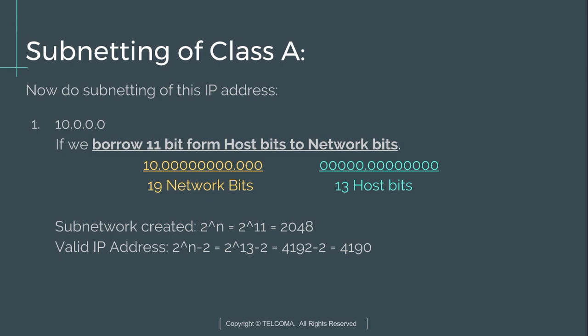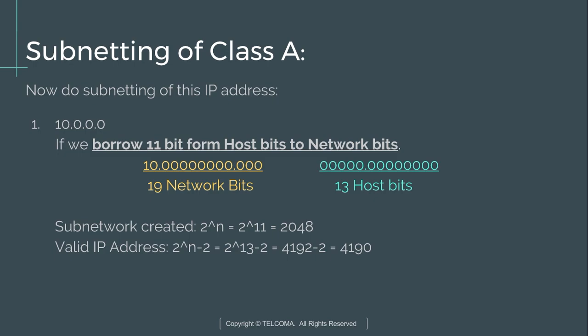Now how do we do the subnetting of class A? Here we will borrow 11 bits from the host bits to the network bits. So we are left with 19 network bits and 13 host bits. How many subnets are created here? 2 raised to power n, where n is the number of borrowed bits.